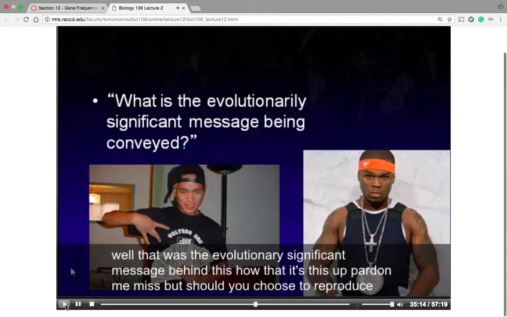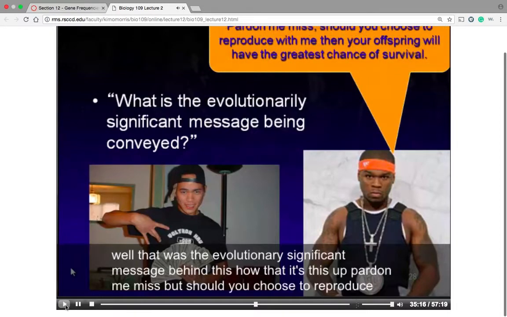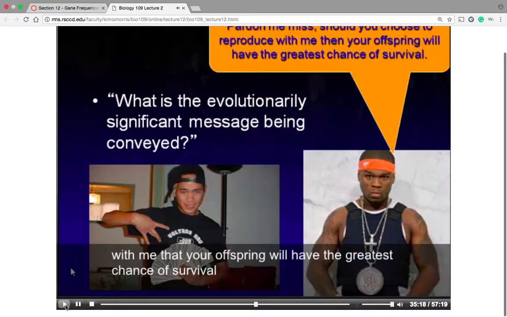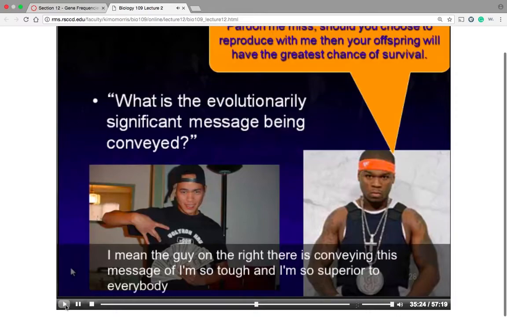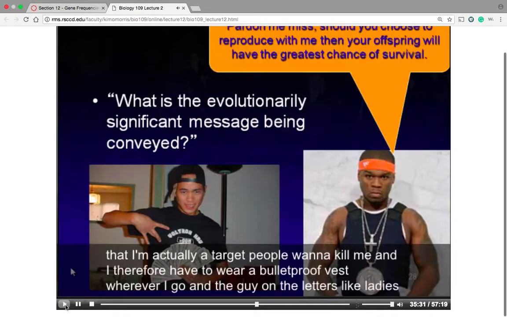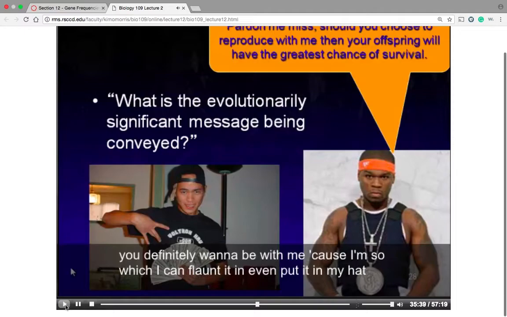How about this? Pardon me, miss, but should you choose to reproduce with me, then your offspring will have the greatest chance of survival. I mean, the guy on the right there is conveying this message of, I'm so tough and I'm so superior to everybody that I'm actually a target. People want to kill me and I therefore have to wear a bulletproof vest wherever I go. And the guy on the left is like, ladies, you definitely want to be with me because I am so rich I can flaunt it and even put it in my hat.